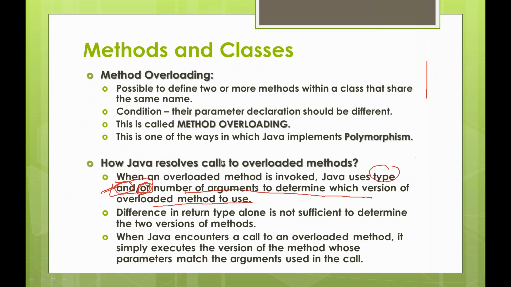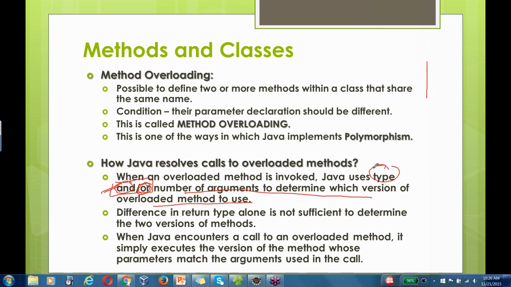Which method will be invoked is based on the type, and the number of parameters or arguments passed. The number of arguments determines which version of the overloaded method is invoked.